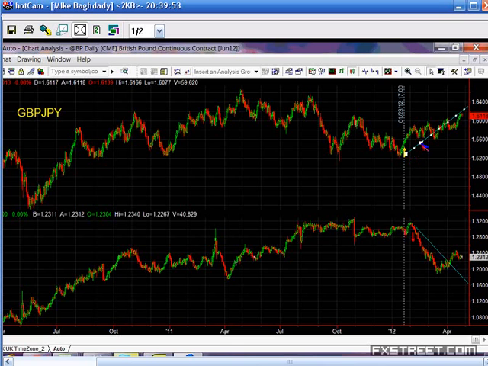You'll be making money as the pound goes up, and your profit widens in the distance between the pound and the yen, because if you buy something that goes up, then you make money when it goes up, and when you sell something that is coming down, you make money when it shorts to the downside.